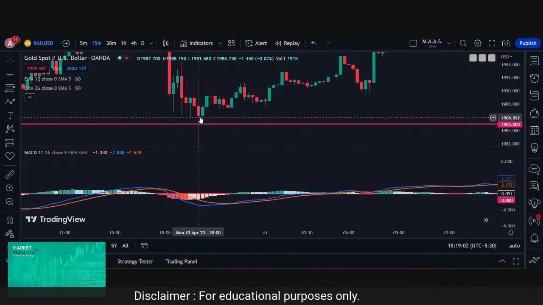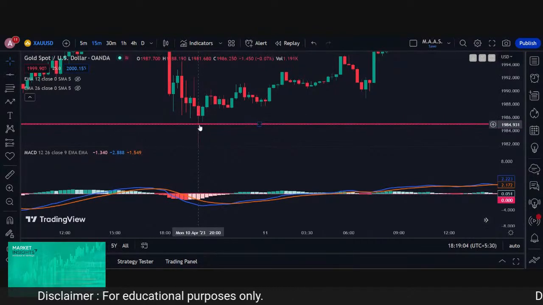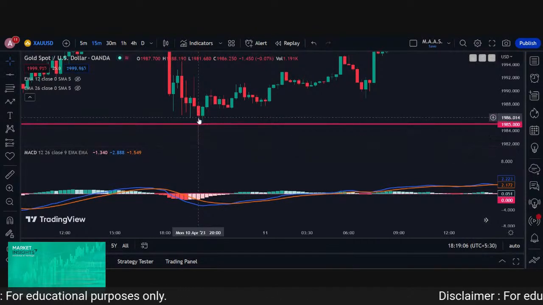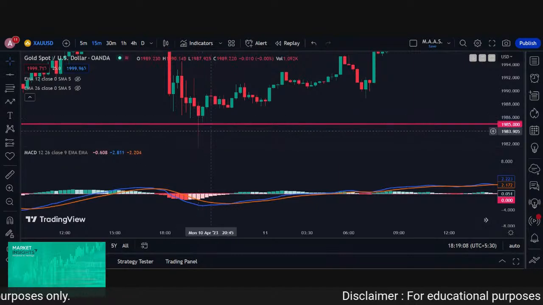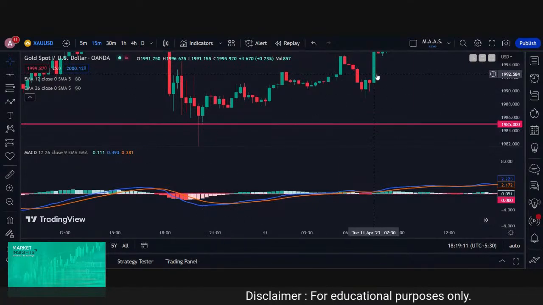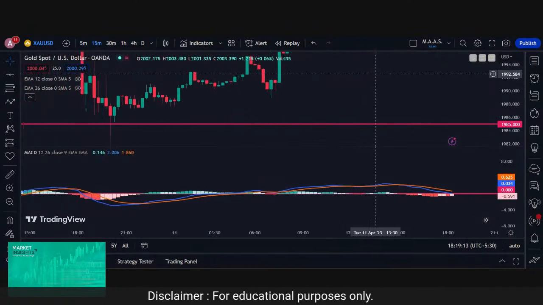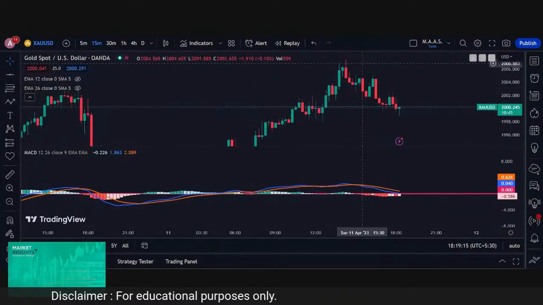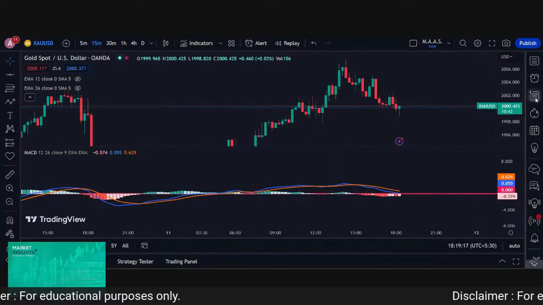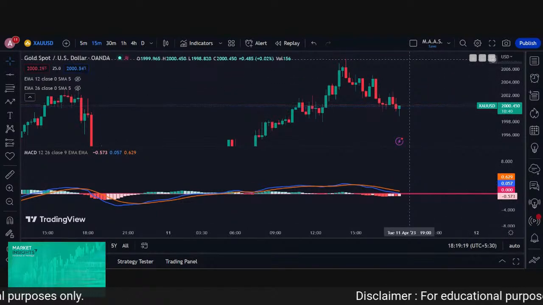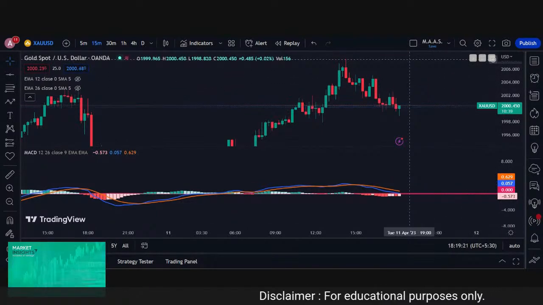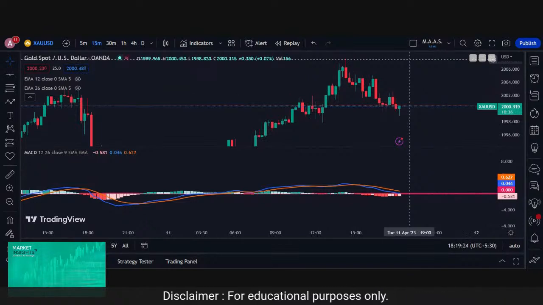Look at this, except this particular exception, but that is also not an exception because it is a wick. Okay, that means it has taken support on this particular line and went up. Correct? Faring at 2000. Right? This is the current scenario.